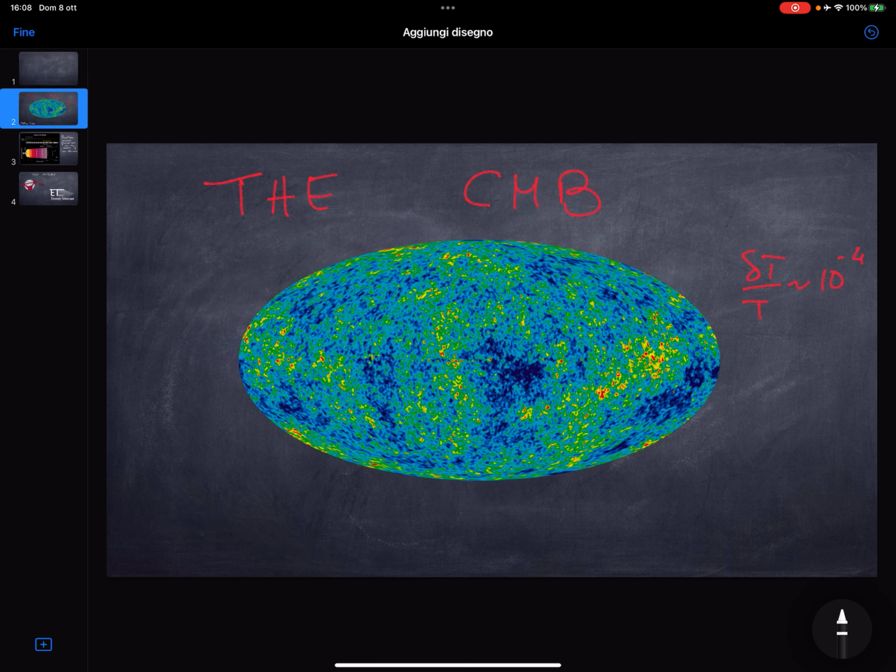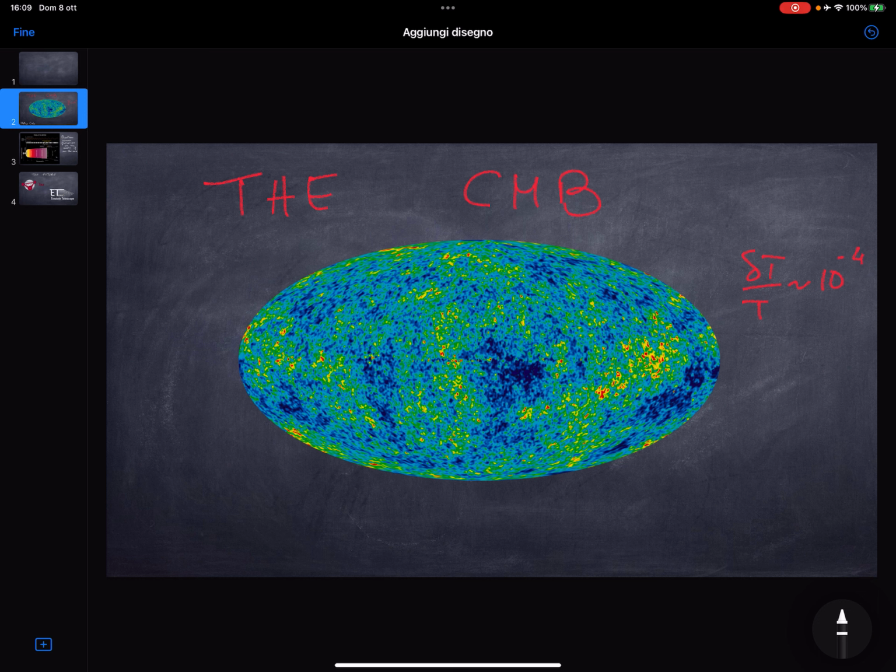The first thing I'd like to talk to you about is the CMB, the cosmic microwave background. It represents one of the main cornerstones in the history of science, and it can be thought of as a snapshot from the very early universe. It represents the photons, so particles of light, that were emitted when the universe was a hot and dense plasma.